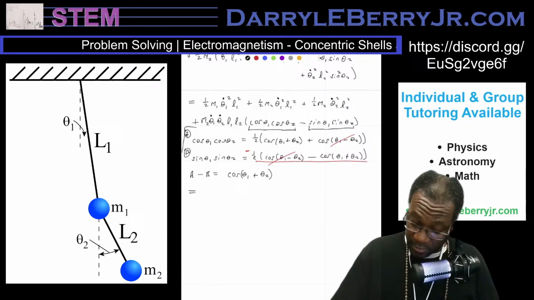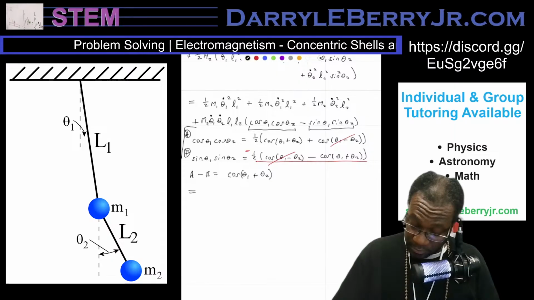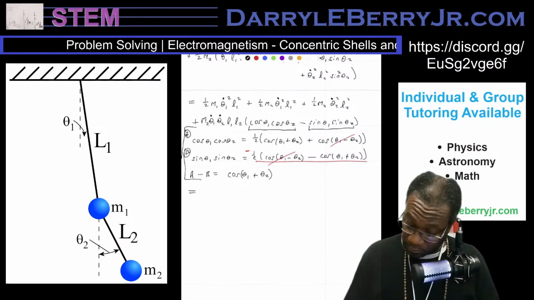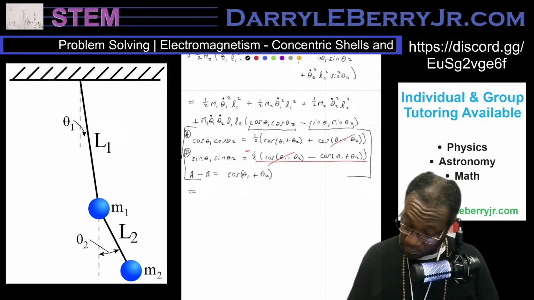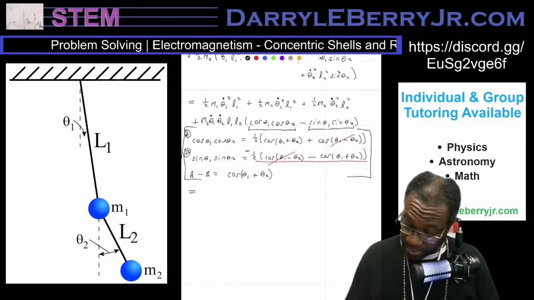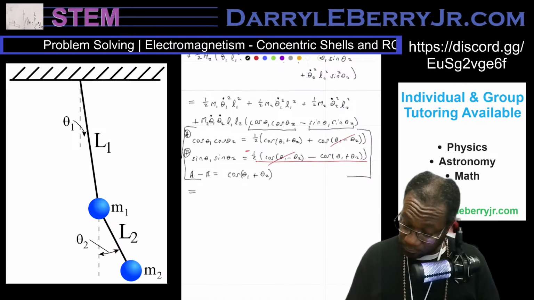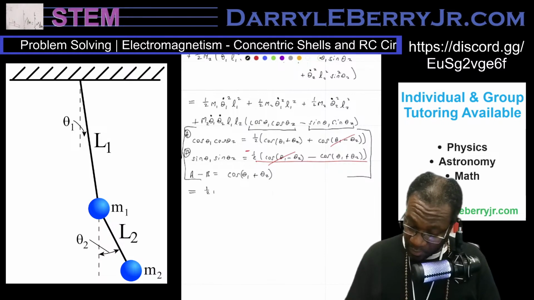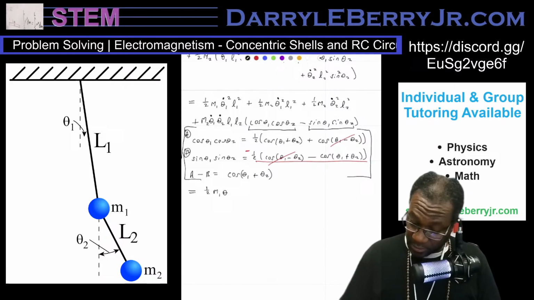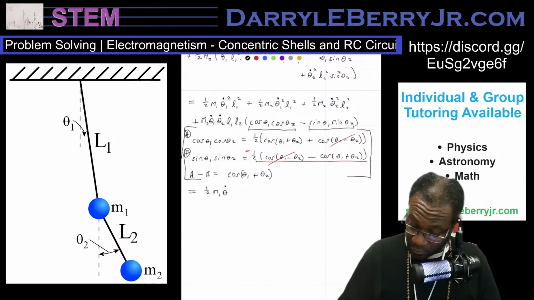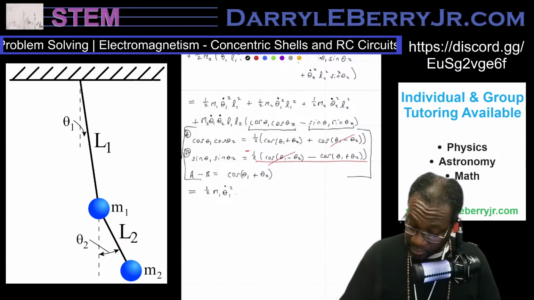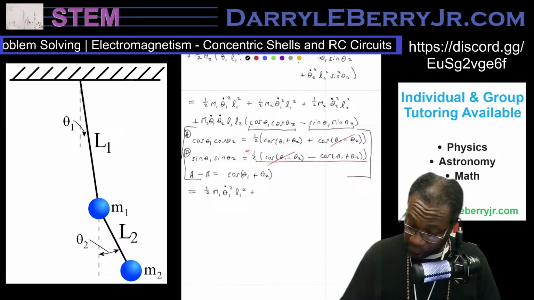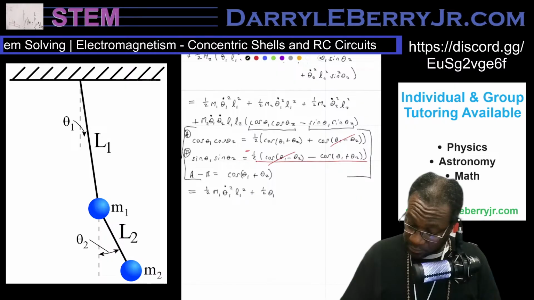So this is some identity work. We have theta dot squared plus 1 half theta 1.